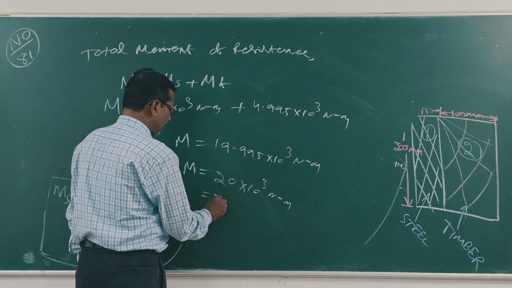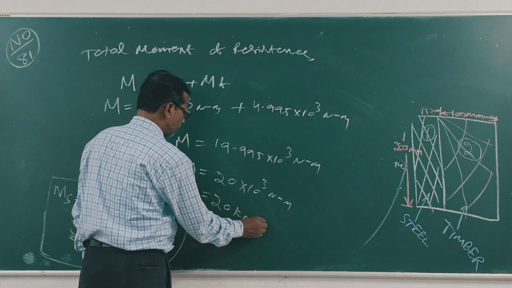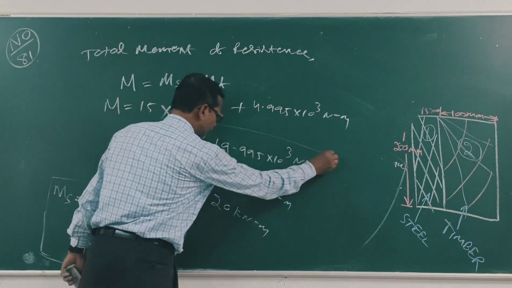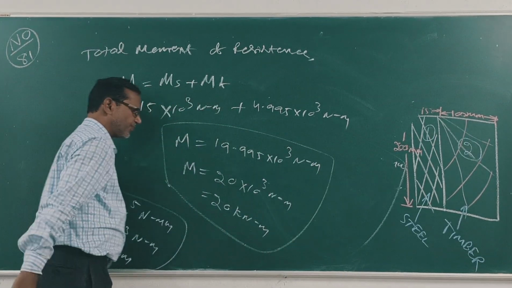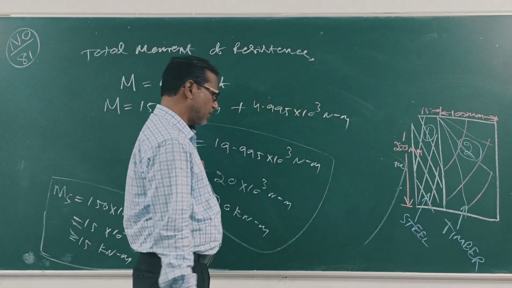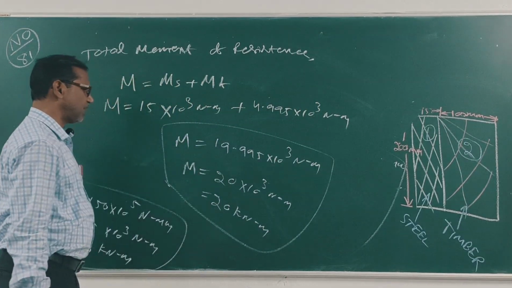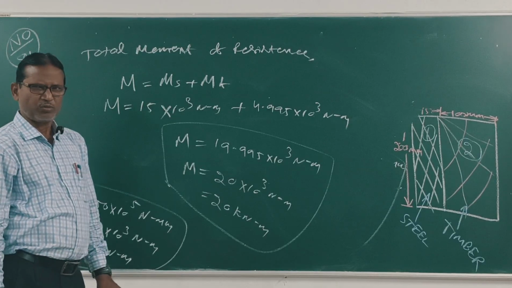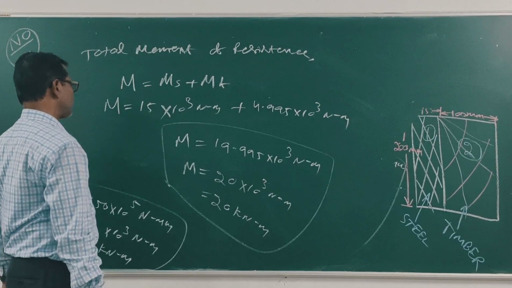So 20 kilonewton meter. Right? This is M. Total moment of resistance M is equal to 20 kilonewton meter. Clear? Next question 82.